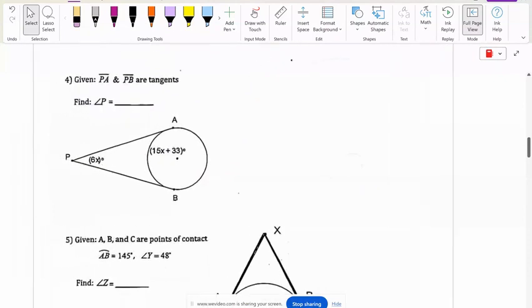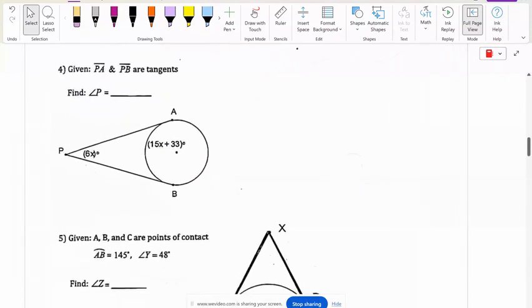All right, let's look at number 4. It says PA and PB are tangents, and we want to find angle P. Angle P is represented by 6x, and the minor arc that it intercepts is 15x plus 33. Any ideas on an equation that will help us solve this?